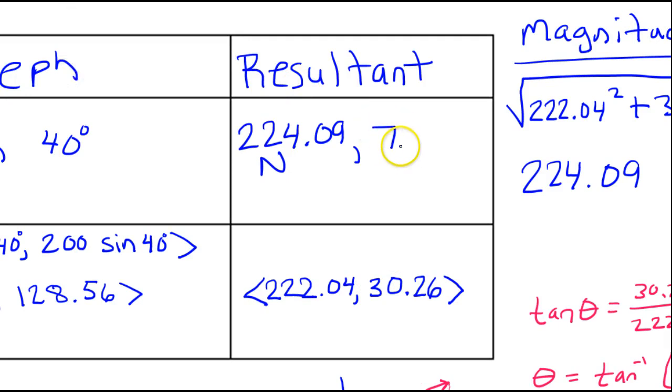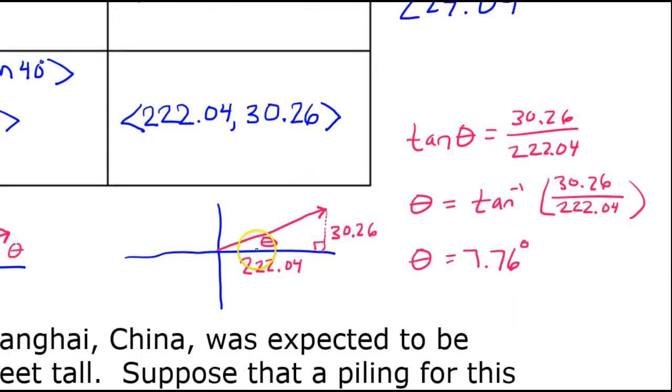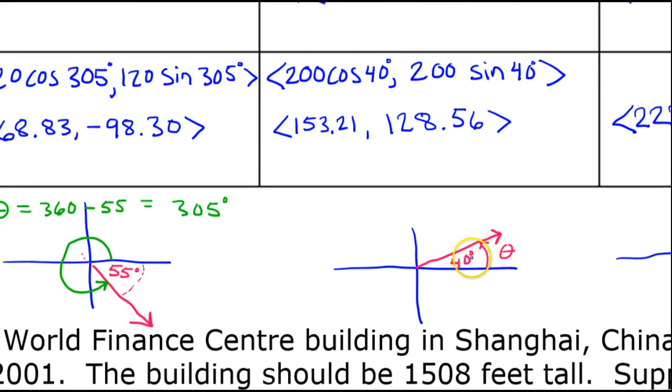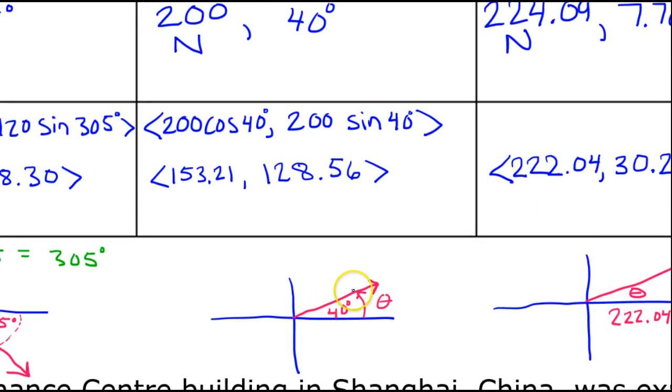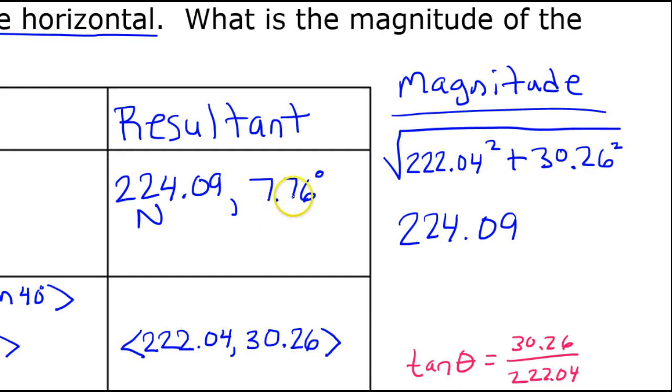7.76 degrees. Now, often I have to convert this to bearing or north of west or something like that, but in this case, I really don't have to do that. This direction is very similar to the direction that Joseph was pulling. Whereas Joseph is pulling at an angle of 40 degrees with the horizontal, the resultant vector is 7.76 degrees with the horizontal.